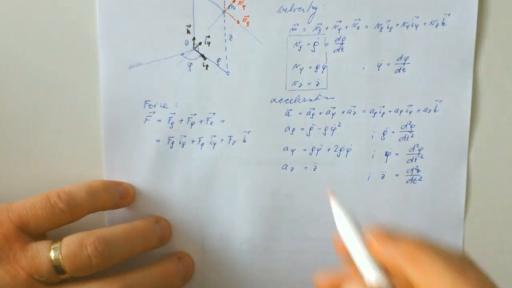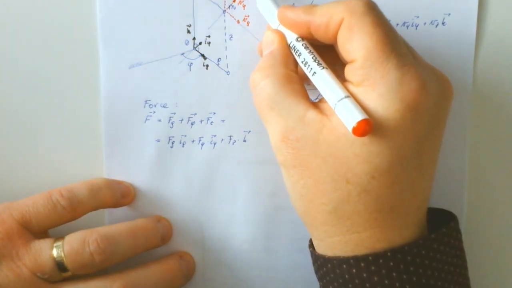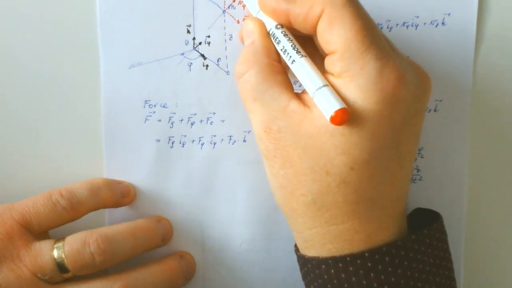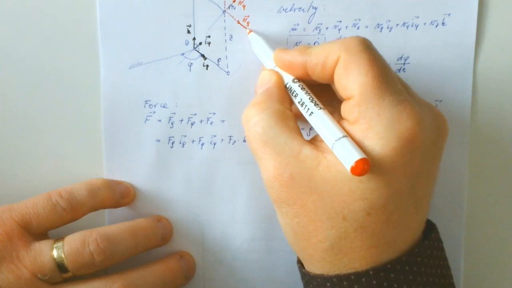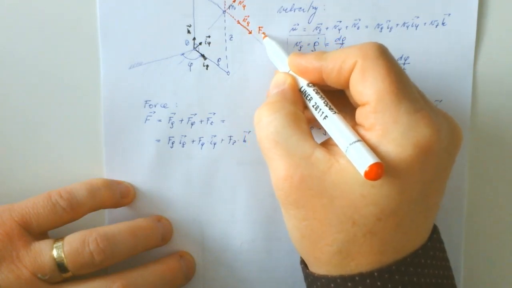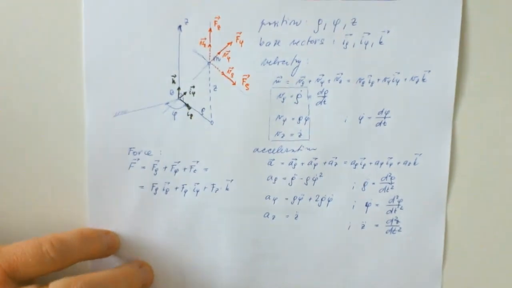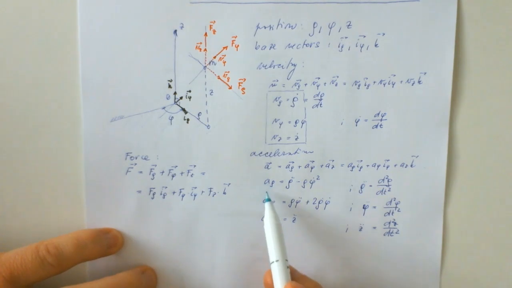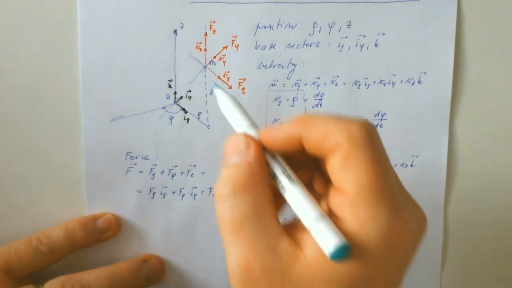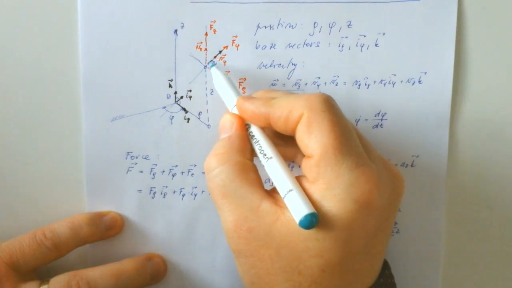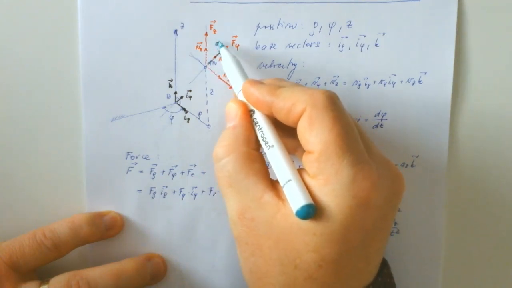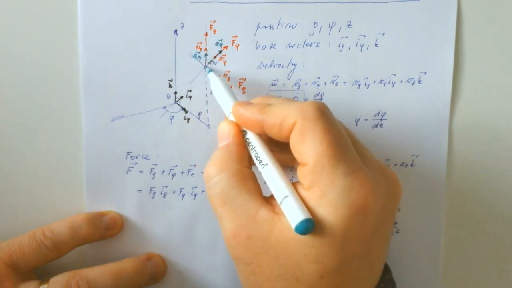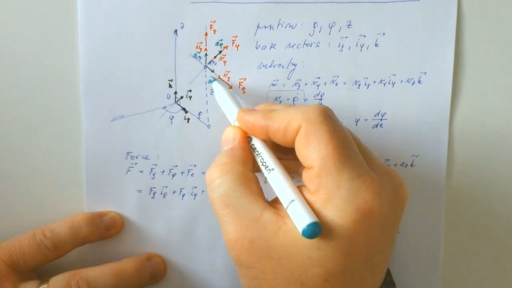Okay, so I can draw the F components like this. And I can also draw the components of acceleration. It's in the same direction, so it is a phi, this is az, and this is a rho.